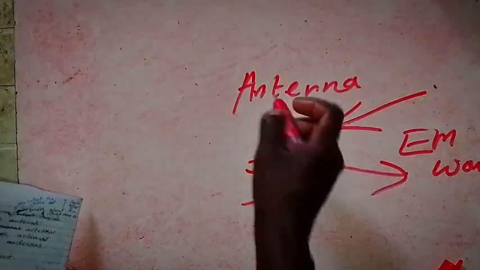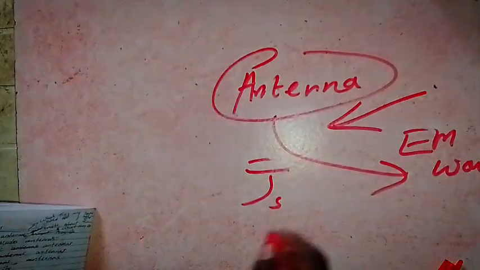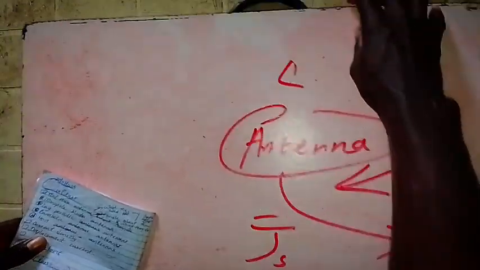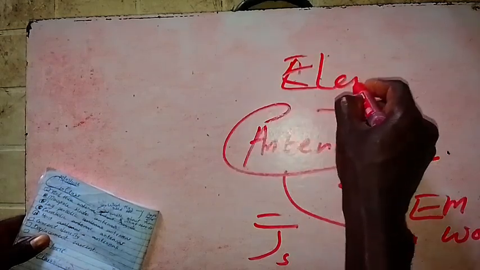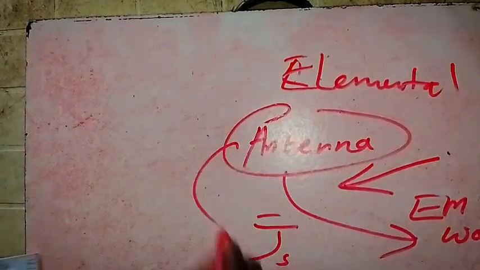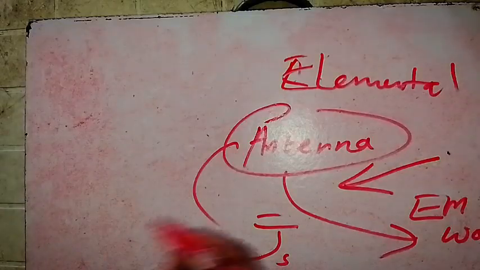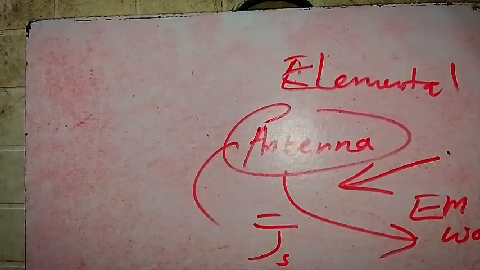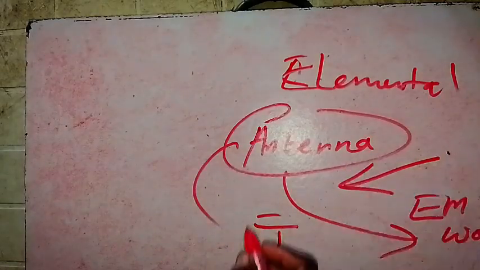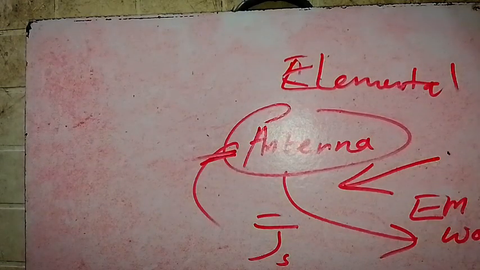Now that's for antenna. Then when you hear this thing, elemental, this is the main thing we are talking about in this video, elemental. Since antennas can be complex, how can we analyze, talk about, understand, or even get expressions and equations for something that's complex?